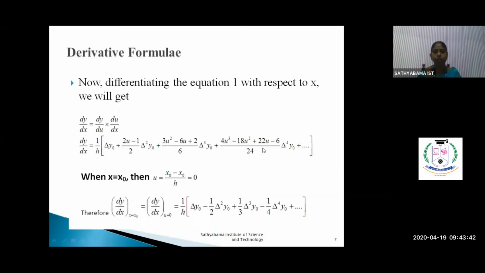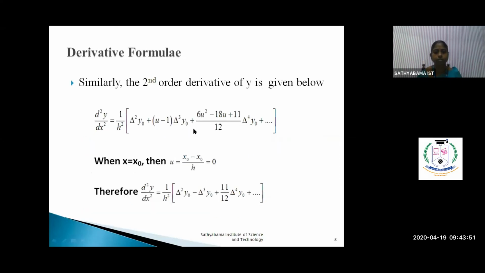So what have we done? We have done only the differentiation of this first order derivative with respect to x again, so you get this formula. Now at x equal to x naught, what will happen? If you put x equal to x naught in u, it becomes x naught minus x naught by h, that is 0.